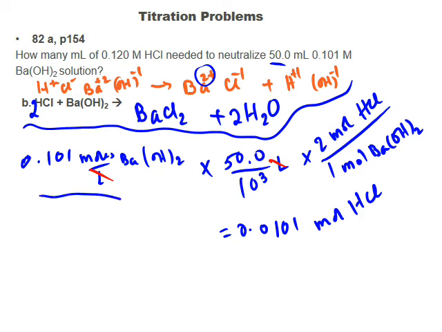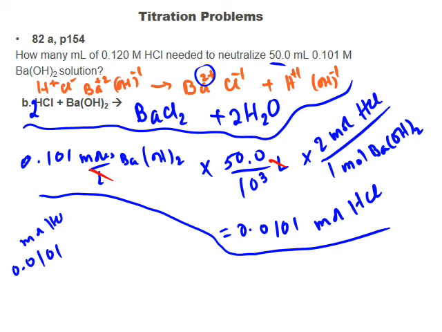So what I'm going to do next, again, is use the mole of HCl, 0.0101. That's given by the molarity of HCl, which we already know. Molarity of HCl is 0.120 moles per liter times the volume in liter.